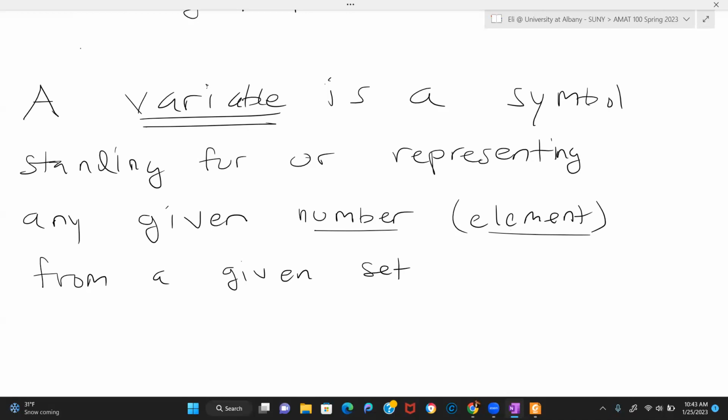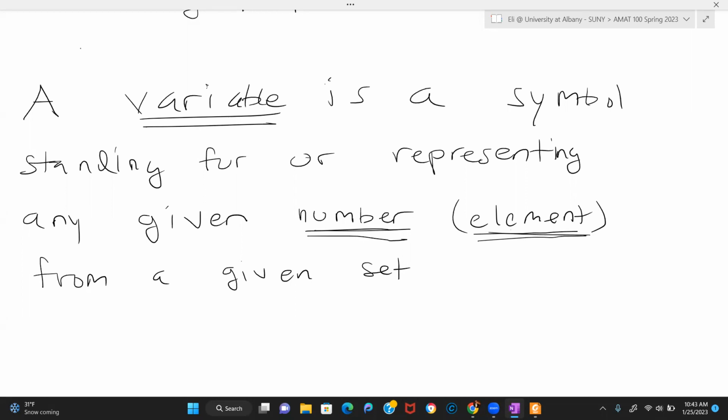If your set is not a set of numbers but something else, for example, you can consider the set of all 2 by 2 matrices, and you can talk about variables representing a 2 by 2 matrix. So it's not necessary that a variable represents a number. It could represent just anything in that set. So the more general term would be maybe element or point in the set.